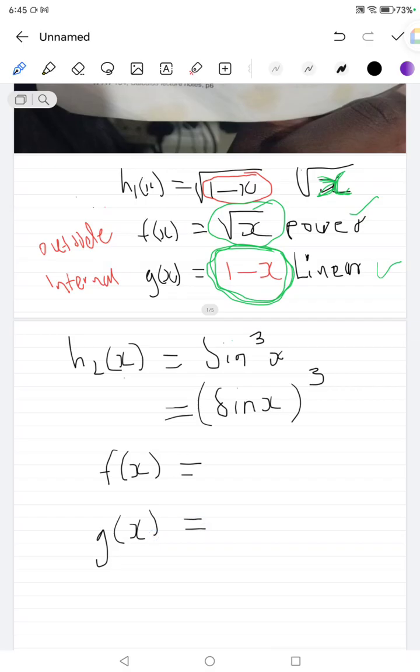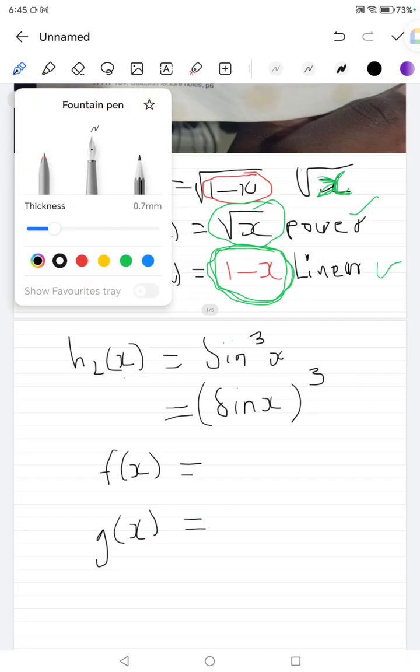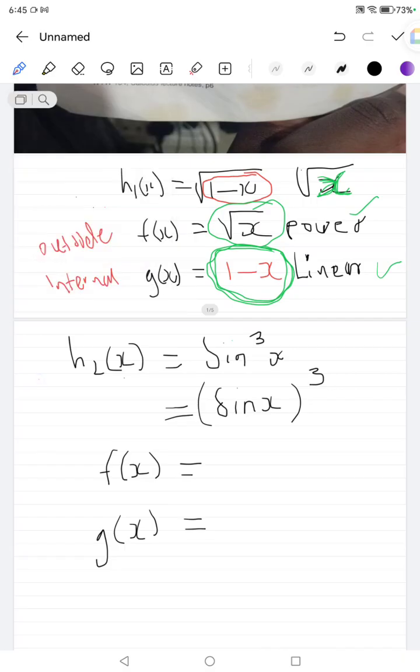So I'm sure by now you guys are just starting to see how this example goes. Now what do you have? You have this sine of x, which is on the inside. Remember, I said this is your internal, then this one is going to be external.